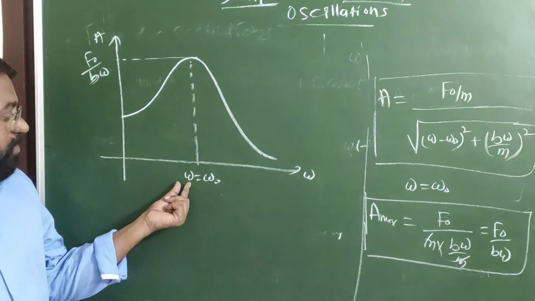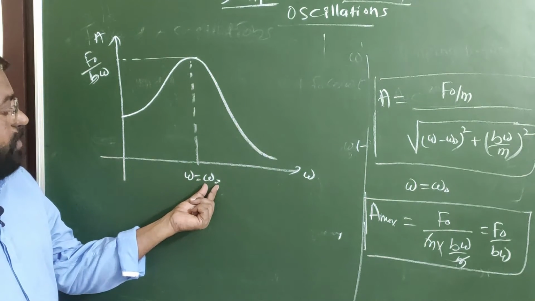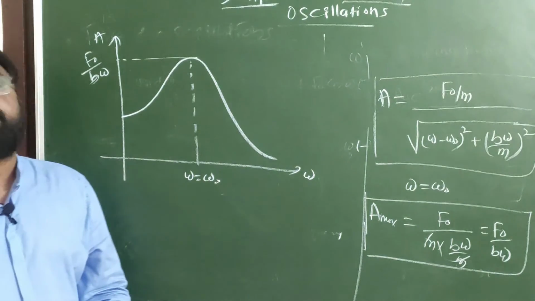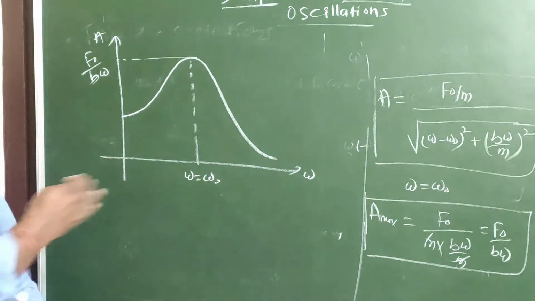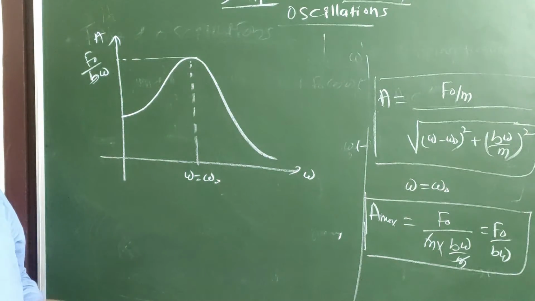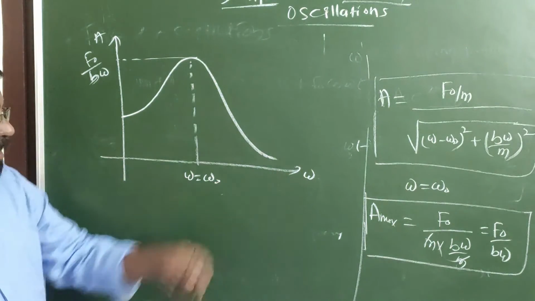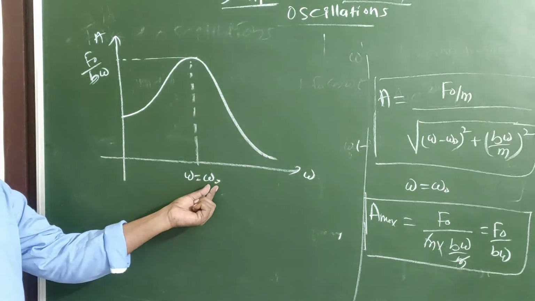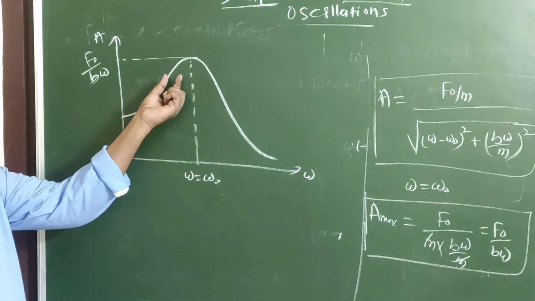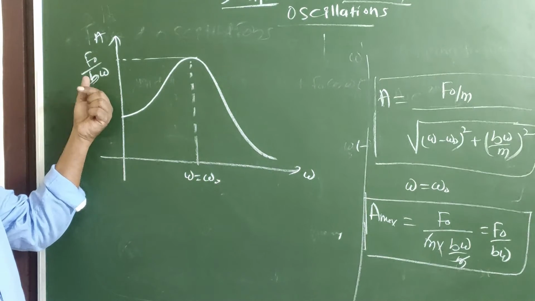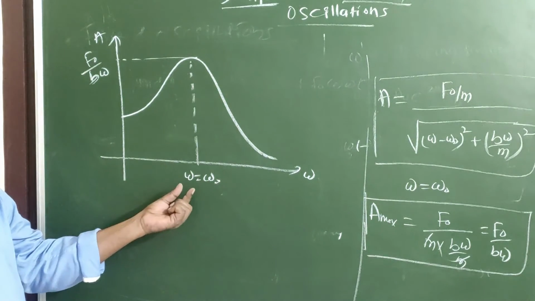When the driving frequency and natural frequency are equal, in that case the amplitude is maximum, this is the condition of resonance. Therefore, when damped oscillations take place, to continue the oscillations we have to supply the periodic force. After some time it oscillates with a frequency omega. If that frequency is equal to the natural frequency of the body, the amplitude becomes maximum, that amplitude is nothing but F naught by b omega. Therefore, this is the condition of resonance.